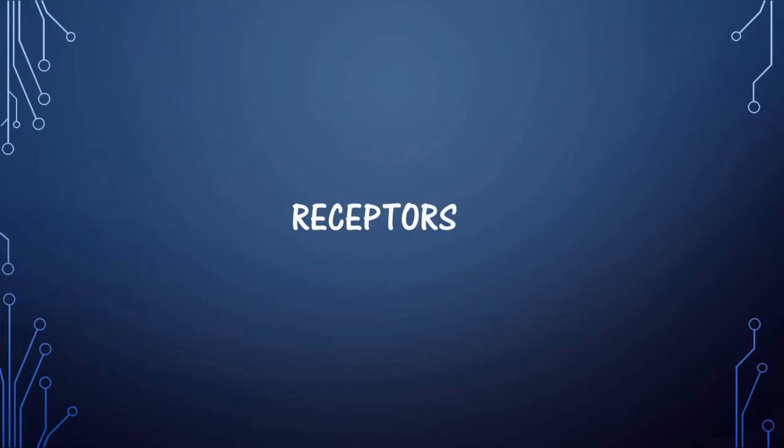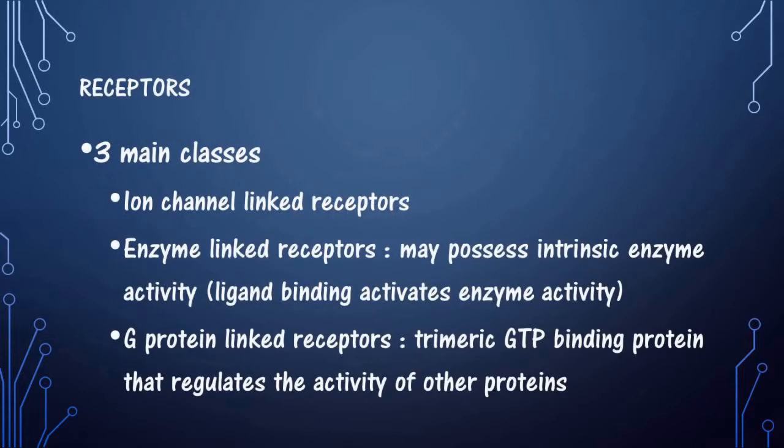We'll go into the details regarding the receptors of hormones, or the receptor types of hormones. As you can see, there are three main classes: ion channel linked receptors, enzyme linked receptors, and G protein linked receptors.